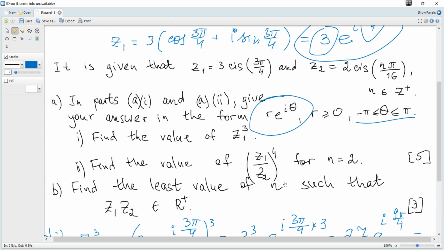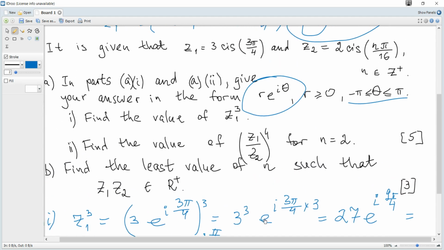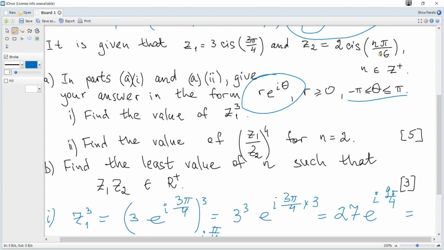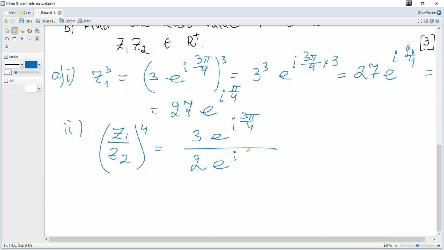What is z2? It's 2e to the power of, n is 2, so it's 2 pi over 16 or pi over 8, i pi over 8, and then to the power of 4.